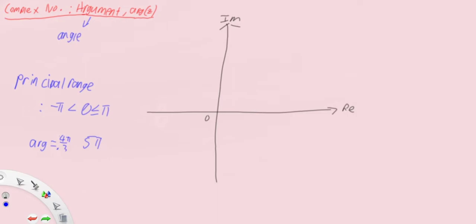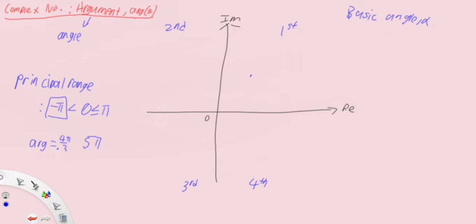So how do we calculate argument? We introduce the familiar idea of basic angle alpha. This time round though, don't forget, we now have negative angles, which denote the fourth and third quadrants. So we also come back to the idea of quadrants. Let's take a look at each quadrant.